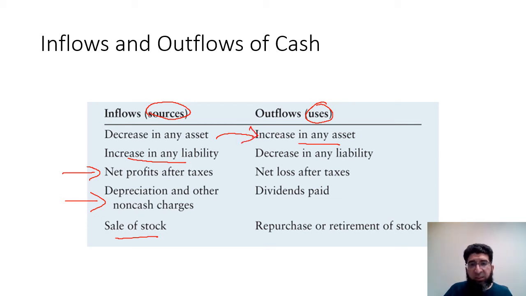We bought the asset, the money went out of our pocket, and hence we will have less cash. Similarly, if there is a decrease in any liability, we paid back the accounts payable and the notes payable. Hence, our cash balance falls. And we also have to look at the net loss and dividends paid. They are all causing outflows, and so are repurchase or retirement of stocks.